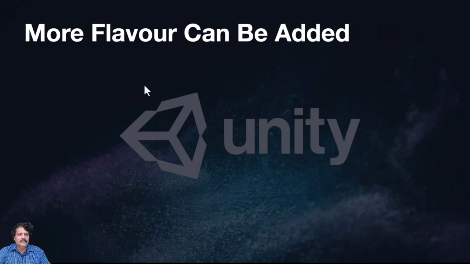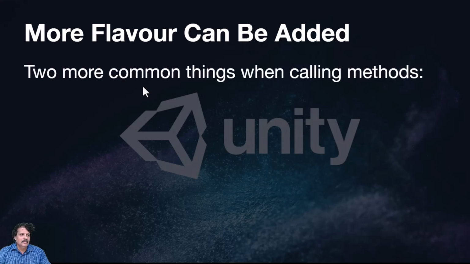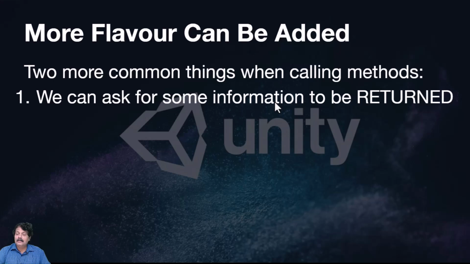Once we declare the method, we can also add some additional features to the method. The very first feature we are going to add is the argument or the parameter. There are two common things that we can add when you declare methods. The first is what the method returns.